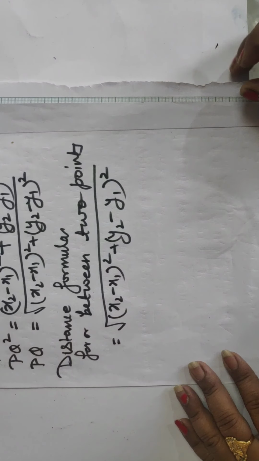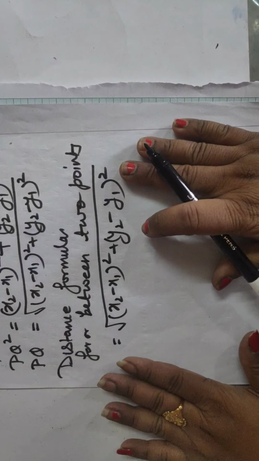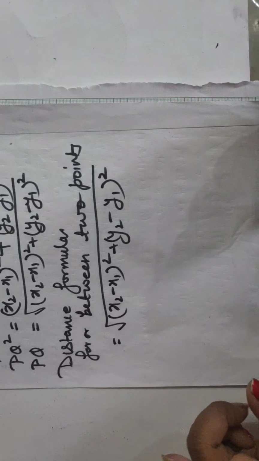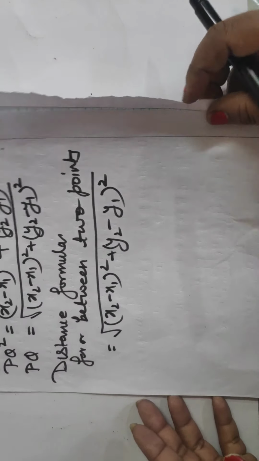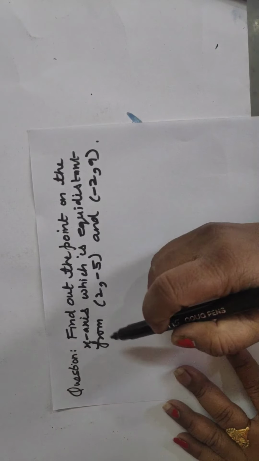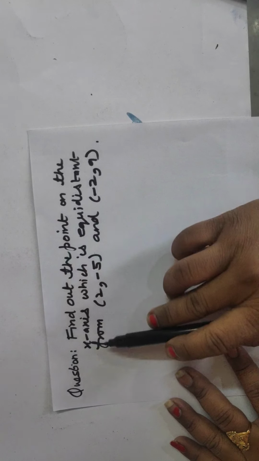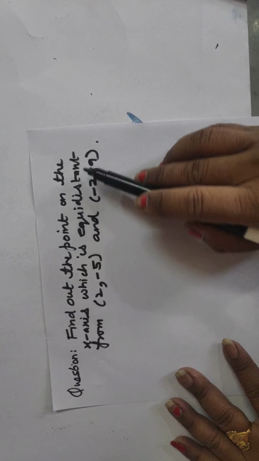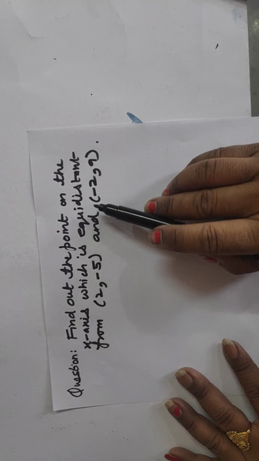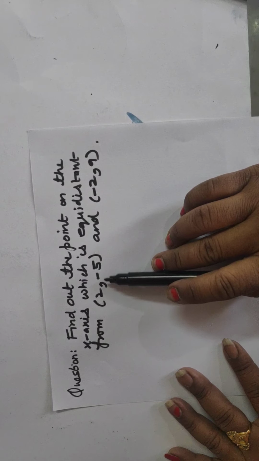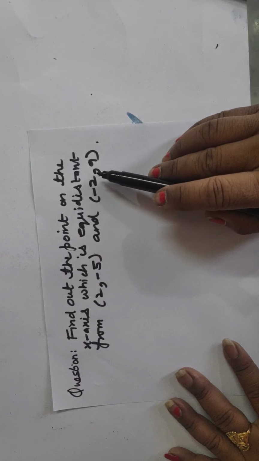Now to explain, I am taking one example. This is the question we have. Find out the point on the x-axis which is equidistant from these points, that is 2, minus 5 and minus 2, 9.